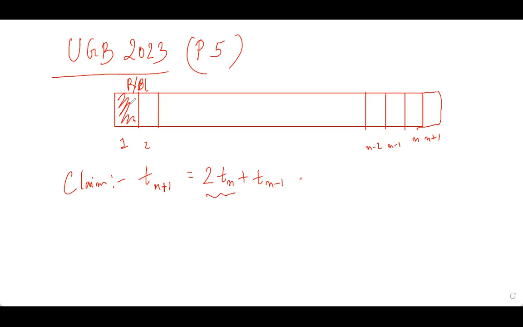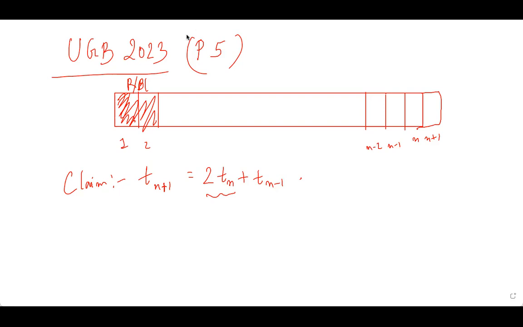And if the first two are covered by that 1 cross 2 black tile, then the remaining n minus 1 squares can be covered in Tn minus 1 ways. These are the only possible cases, and thus Tn plus 1 can be filled in this way. So this claim has been proved. I just gave an argument, and to prove these results, arguments are enough.